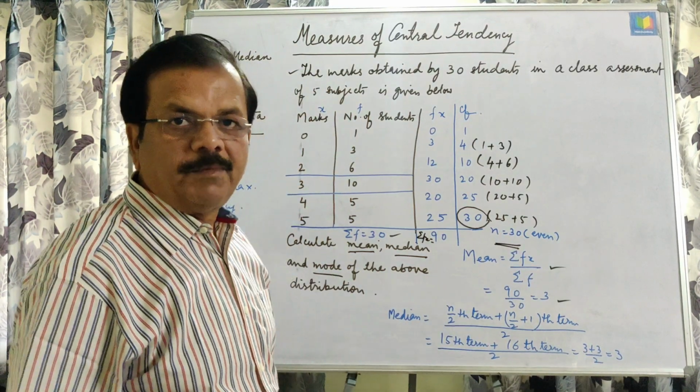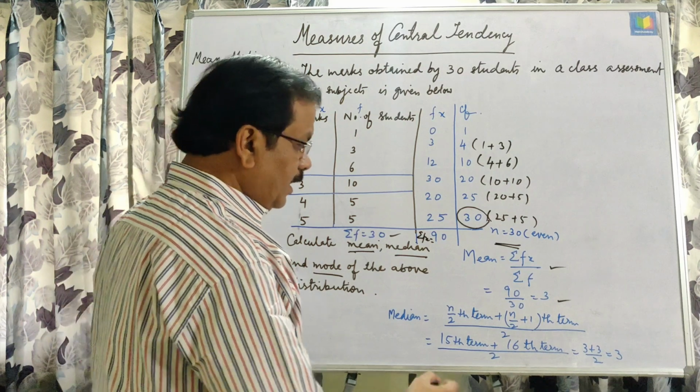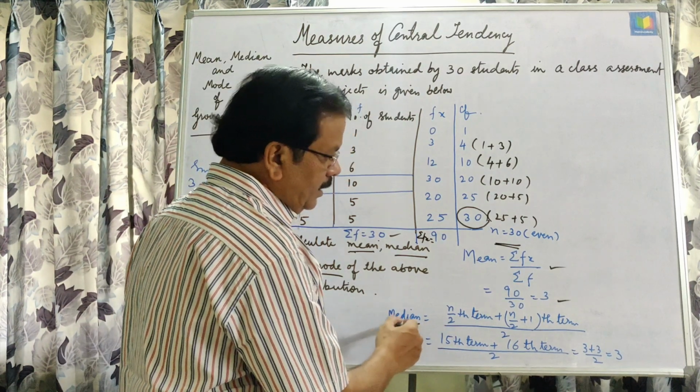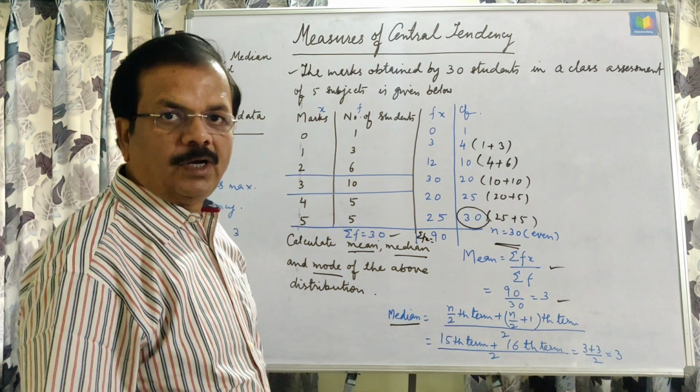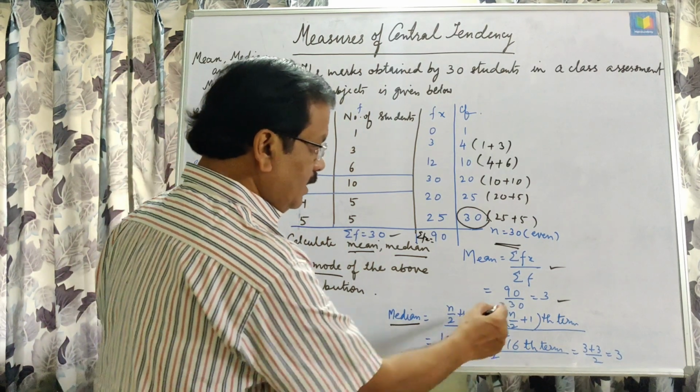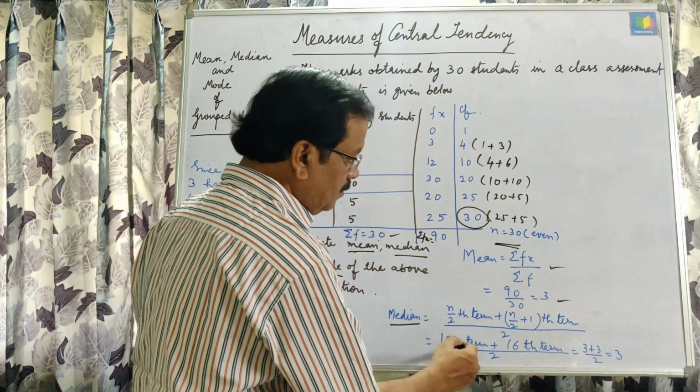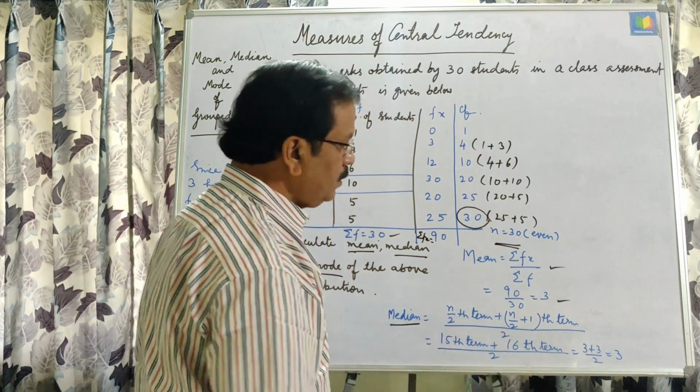Then for finding the median, we will apply the even formula of finding the median, that is, the n by 2th term plus the n by 2 plus 1th term upon 2, and that is the 15th term plus the 16th term upon 2.